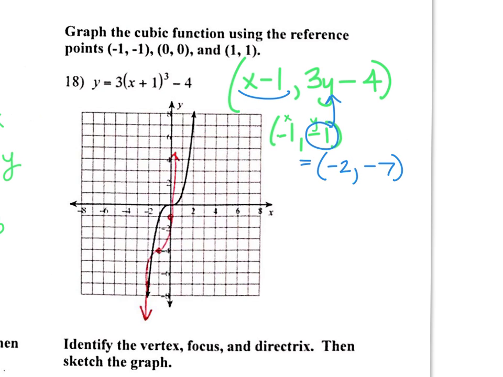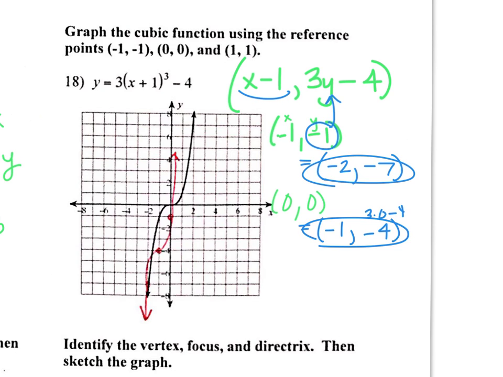All right, let's do the same thing with 0, 0. So when you plug that in, 0 minus 1 is going to give me negative 1. If I plug 0 in at the top, 3 times 0 minus 4, that's negative 4. There's that ordered pair.